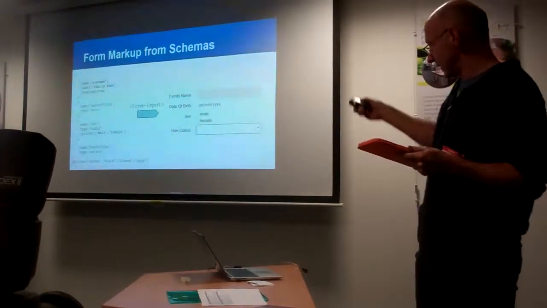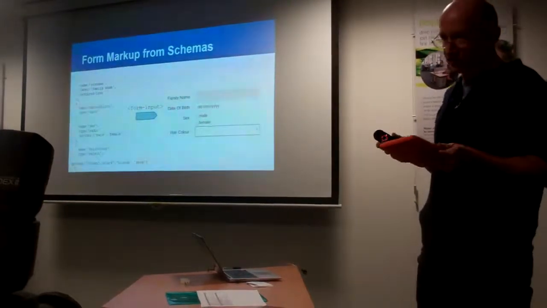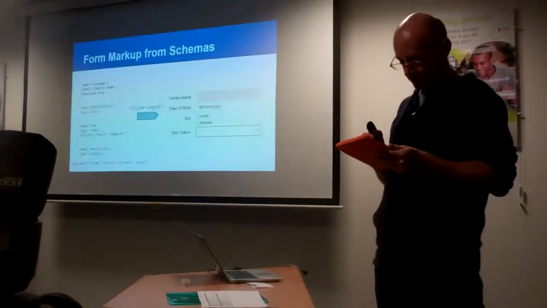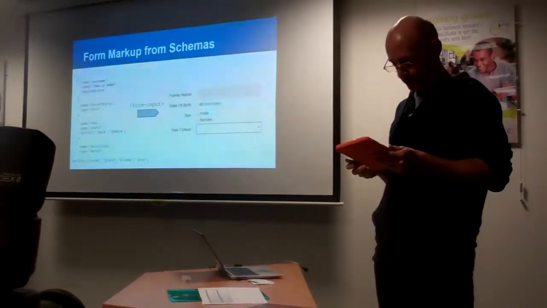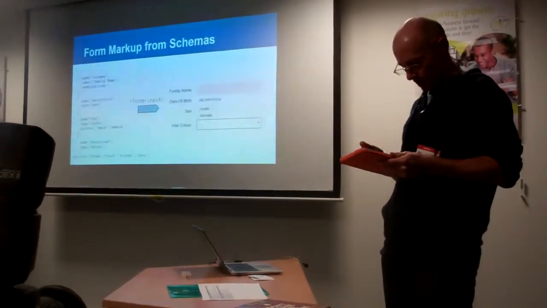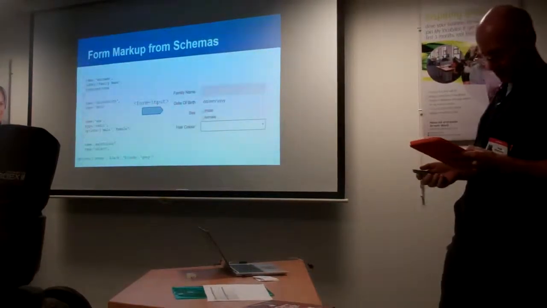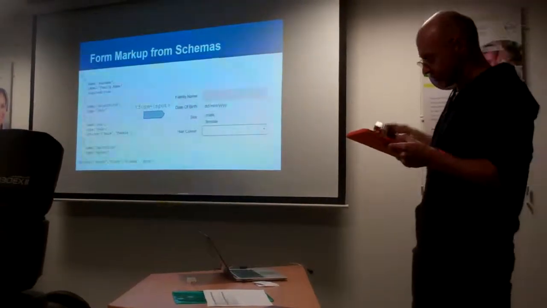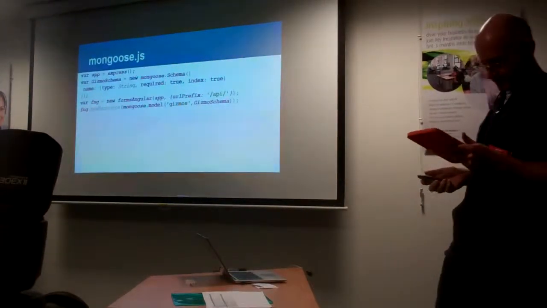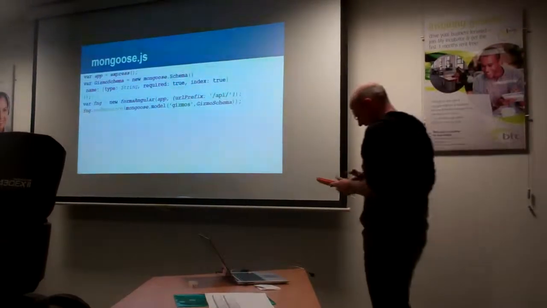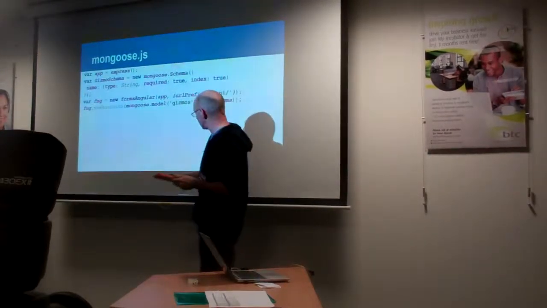And this is all implemented in an Angular directive, which means it looks a bit like HTML in your website. If you want to, you can use the form markup generation on its own. But where things start to get interesting is when you add something at the back end using an ORM called Mongoose for MongoDB.